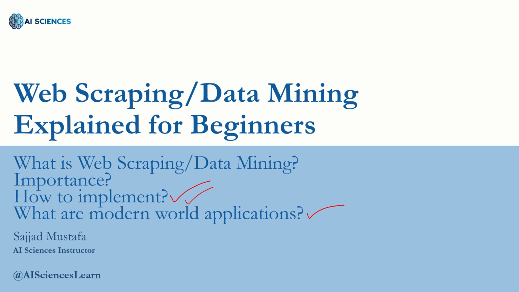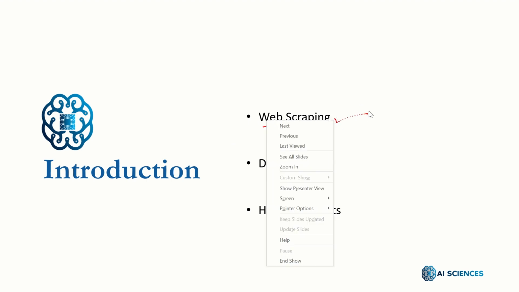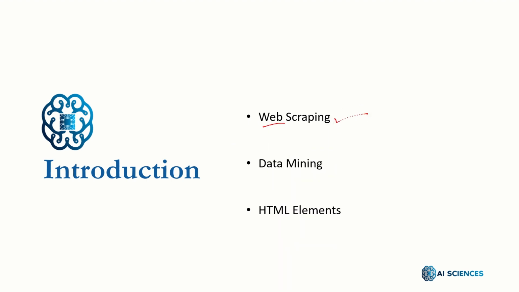All right, so let's start with a little bit of introduction. What is web scraping? Specifically, we mentioned the word web here. This means that we're going to scrape data from websites, which means any website that has some data on it in any format that we want to use for something else.